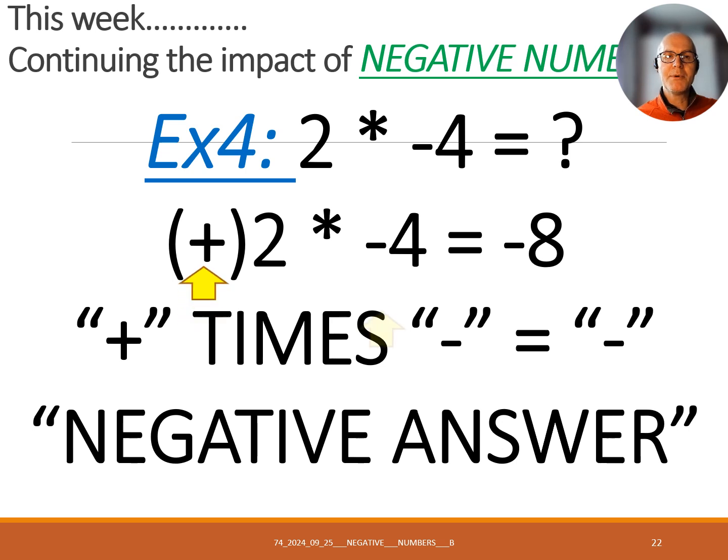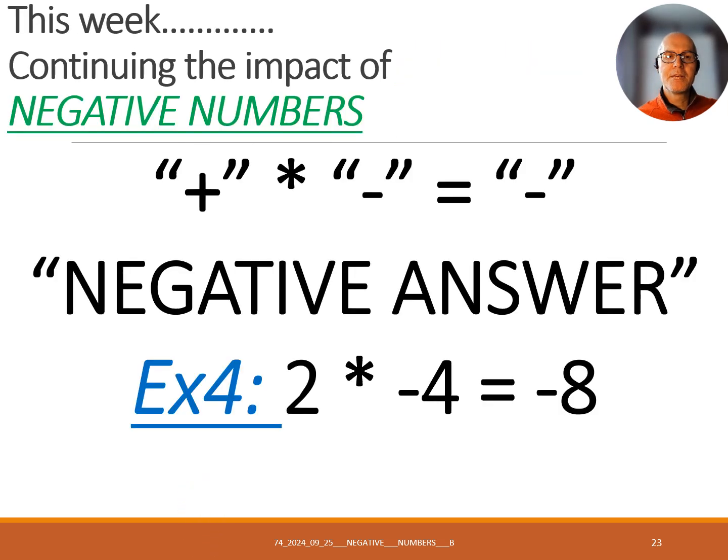So here we have a positive number times a negative number equals a negative answer. So it doesn't matter which way round it is, whether it's a positive times a negative or a negative times a positive, the answer will always be negative. In this example, 2 times negative 4 equals negative 8. In the previous example, example 3, it was negative 2 times positive 4 equals negative 8. So it doesn't matter whether it's negative times positive or positive times negative, the answer will always be a negative.